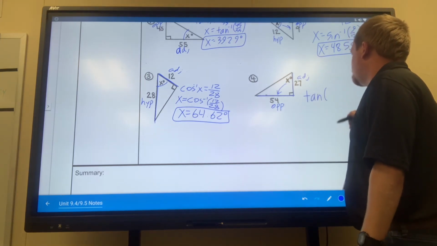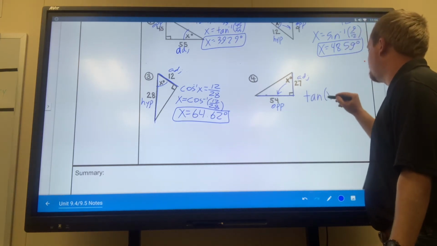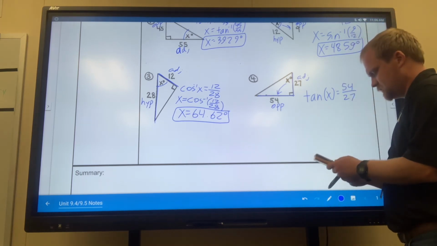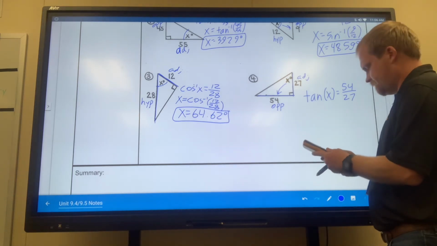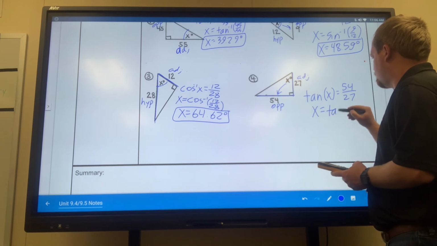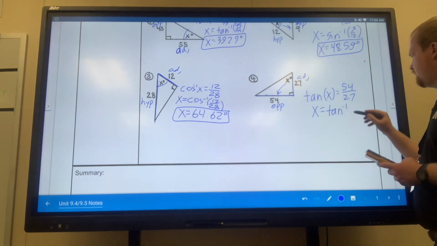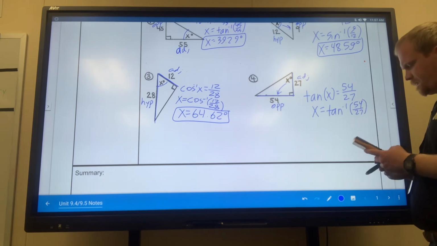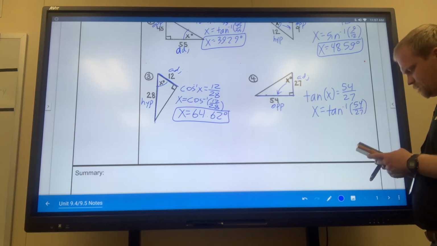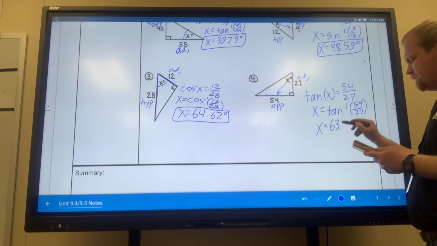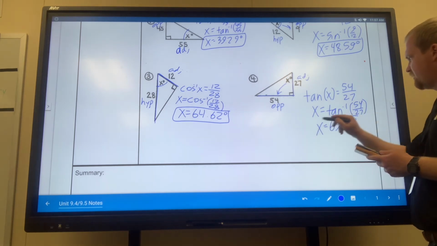So tangent of x equals 54 over 27. Inverse tangent of 54 over 27, and that gives me 63.43 degrees.